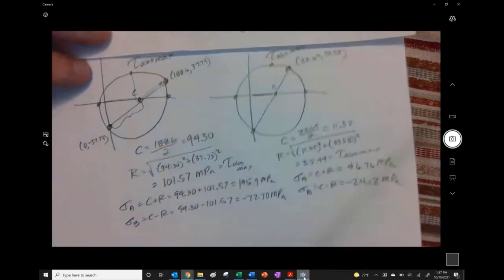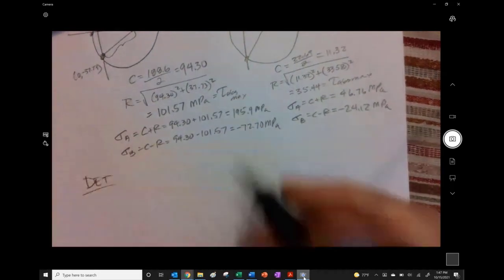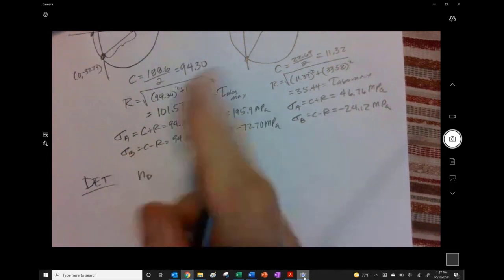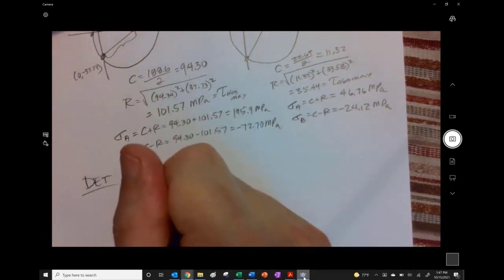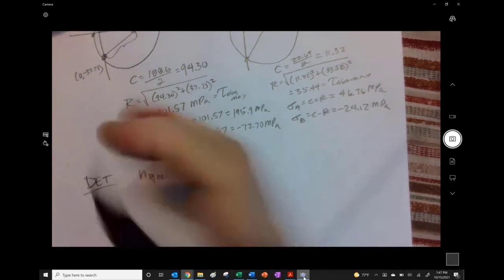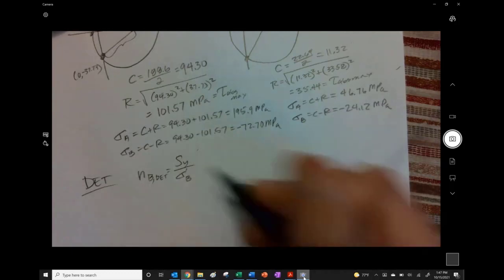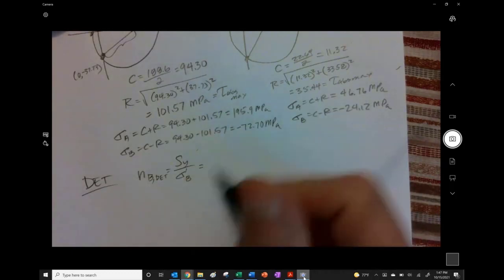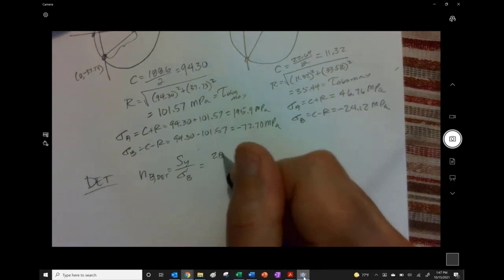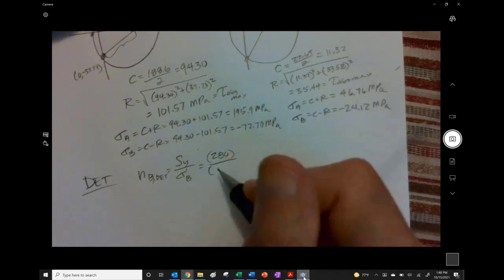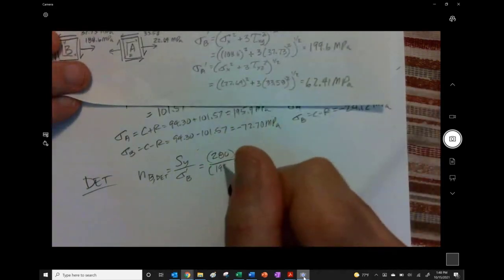Okay, so now we want to get our safety factors. So DET right here. Let me go B, DET. It's going to be my yield strength divided by my von Mises here. So what I said, 280 divided by my 199.6.